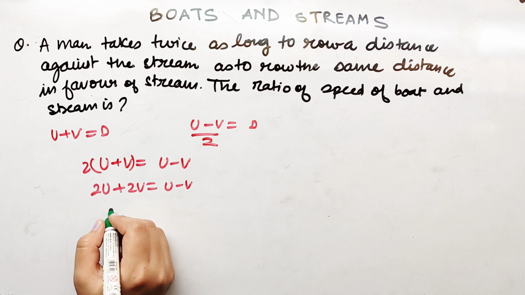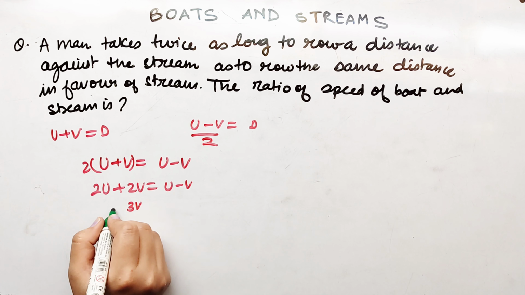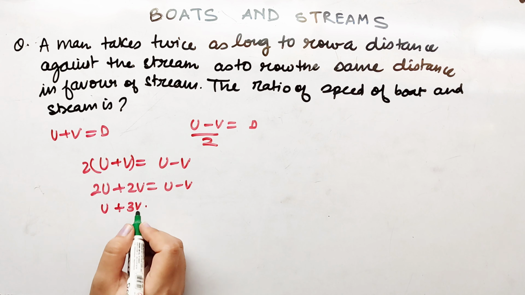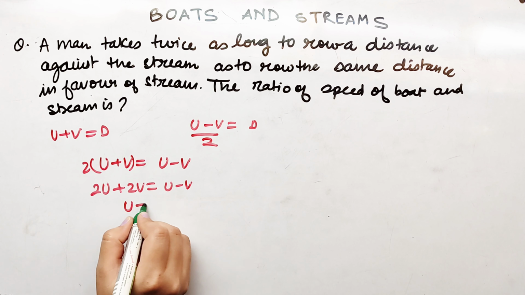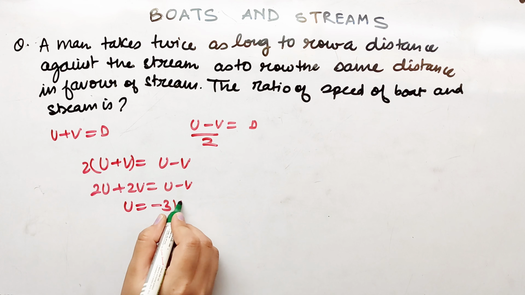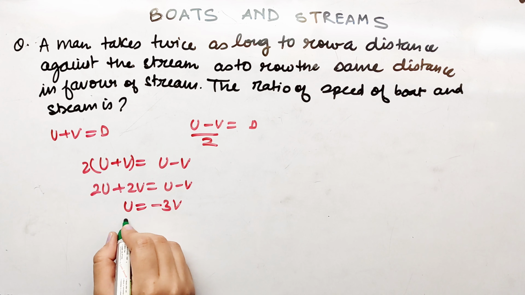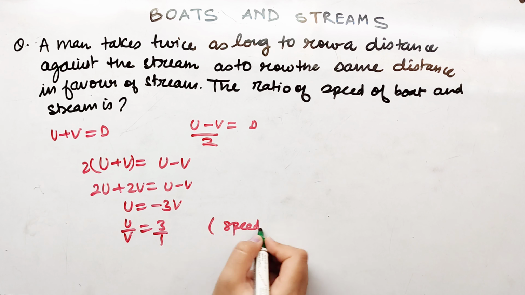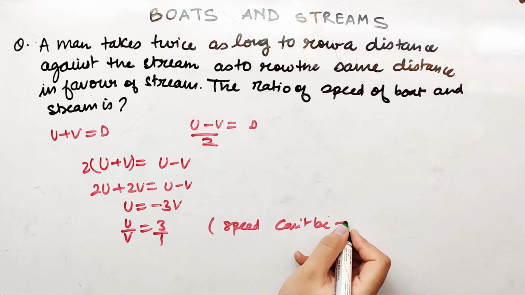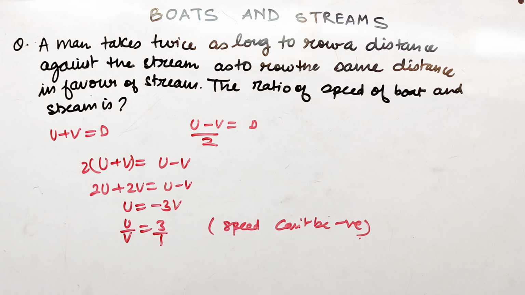Okay, so I have just put the question in this equation form, and now you have two equations and you just need a variable which is d. Since d is same in both the cases, you can put both equations side by side, LHS equals RHS, and on solving you will get u by v, which is 3:1, which is the ratio of the speed of boat to the speed of stream.